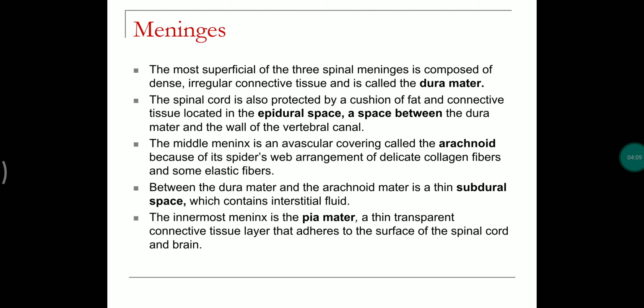The third one is the pia mater. The space between the dura mater and the arachnoid membrane is called the subdural space, which contains interstitial fluid for the nourishment of these meninges. The innermost meninx is the pia mater, a thin transparent connective tissue which adheres to the spinal cord and also the brain.